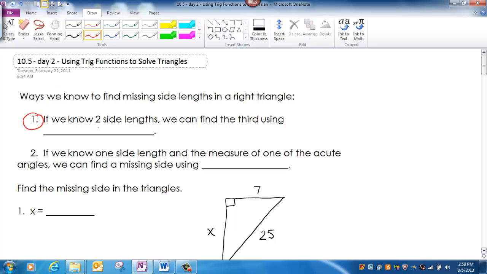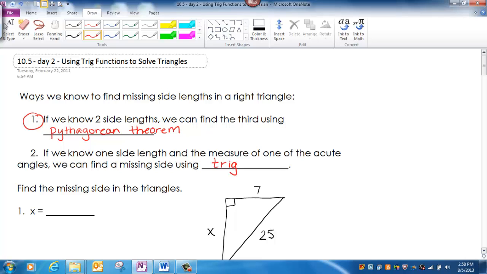Okay, if we know two side lengths, we can find the third using Pythagorean theorem. Number two, if we know one side length and the measure of the acute angles, we can find a missing side using trig.